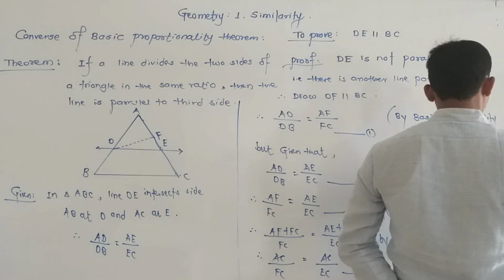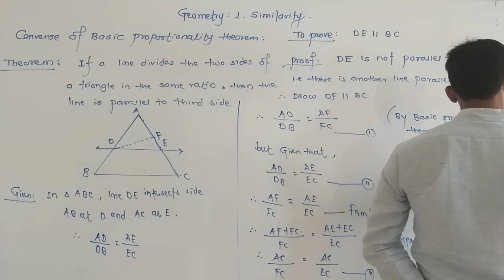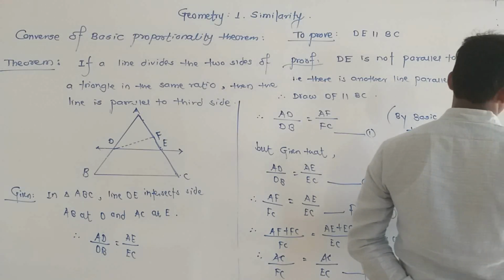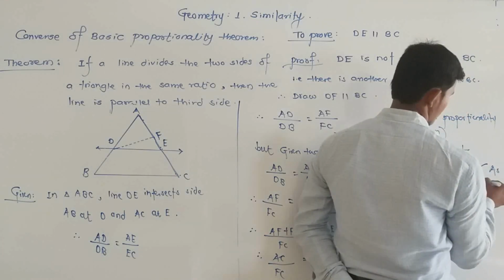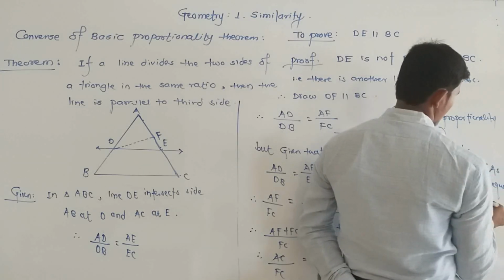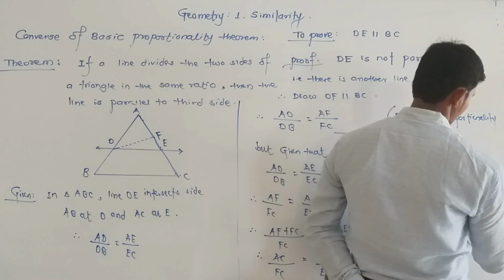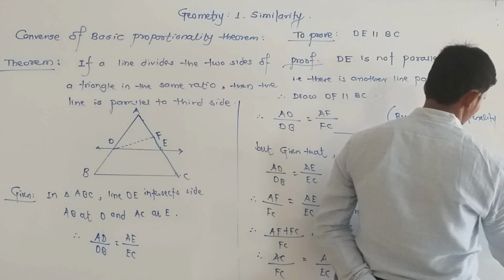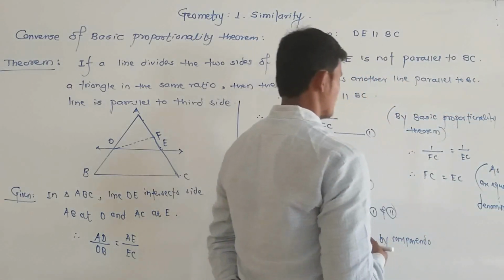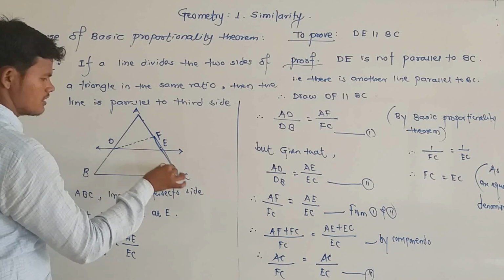So write down the reason: numerators are equal, then denominators are also equal.